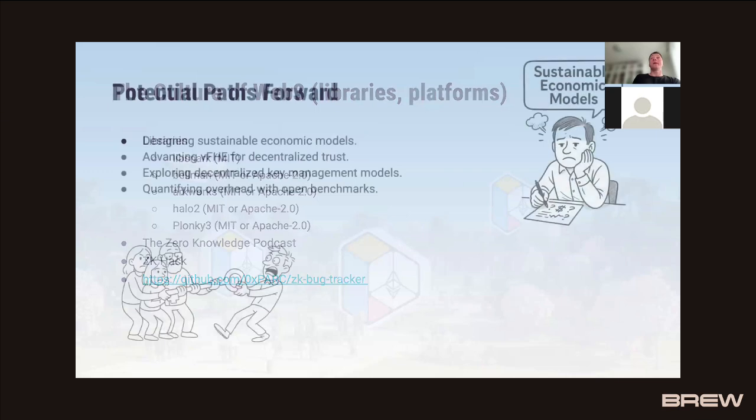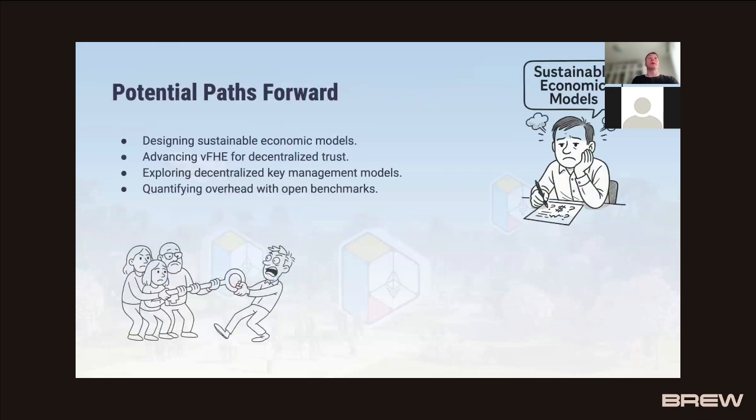So what could be potential paths forward to speed up the adoption of FHE? I think one issue is designing sustainable economic models, because FHE still introduces a lot of overhead, and the heavy computation is done on accelerated hardware, which is expensive.